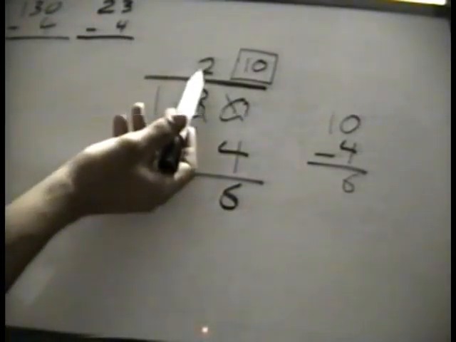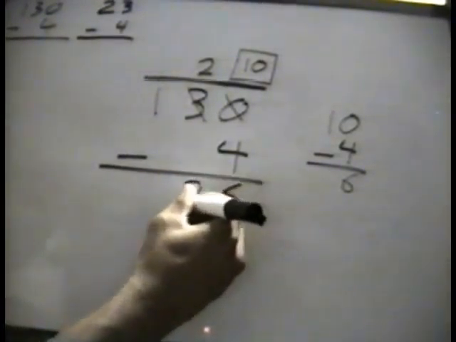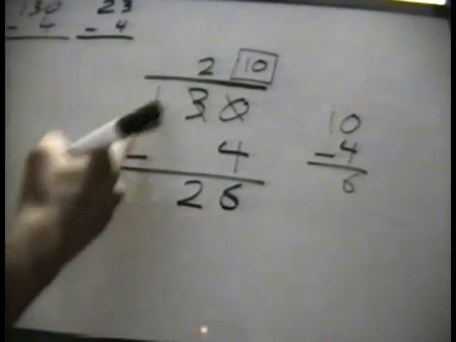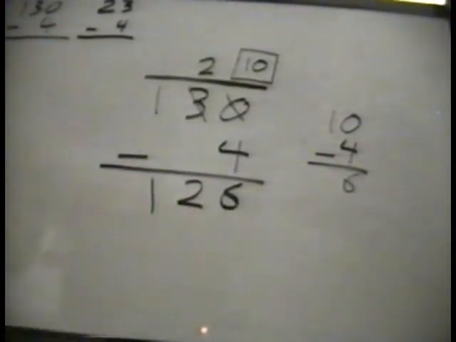Okay. Now we move on to the next column. 2 minus 0 is 2. Okay? Now 1 minus nothing, or 0, is 1.